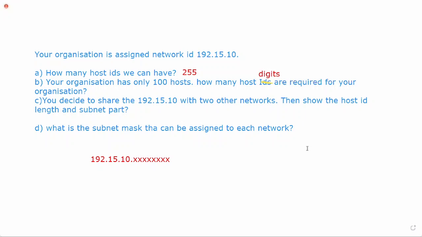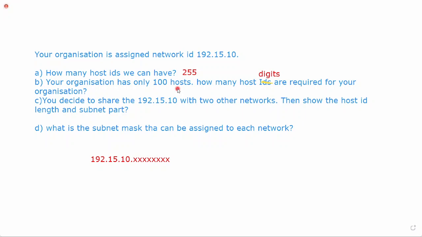So you have 8 digits, but you need only 100 different IDs or addresses. If you have 1 digit, you have 2 IDs. If you have 2, you have 4 IDs, like that. To have 100, the option is 128, right?